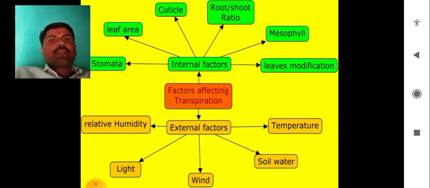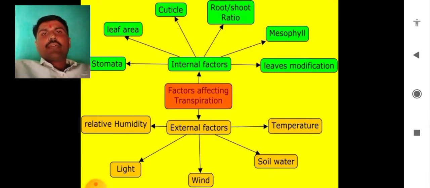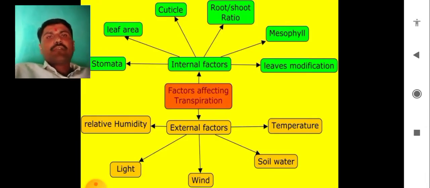Cuticular transpiration, with the help of glandular hairs and so on, takes only 3 to 4%, but comparatively stomatal transpiration is the major constituent of transpiration.